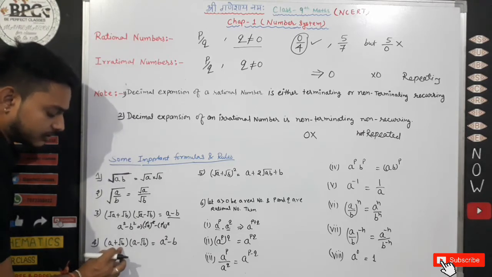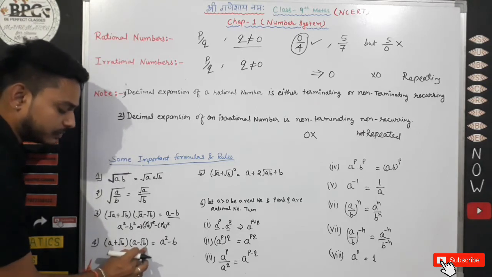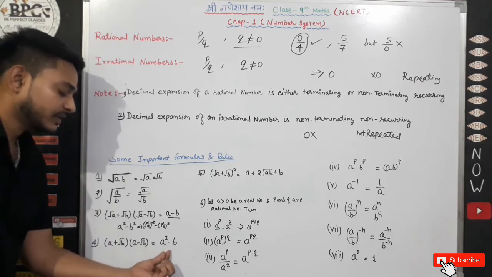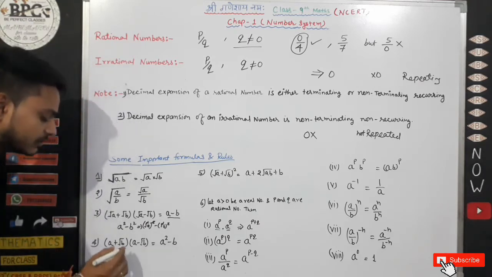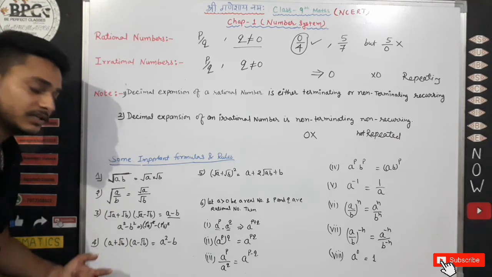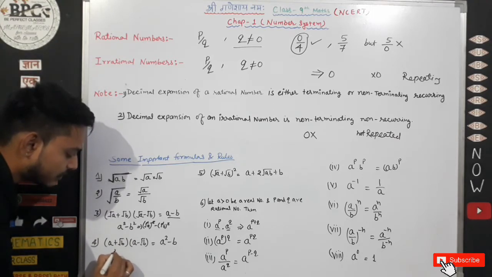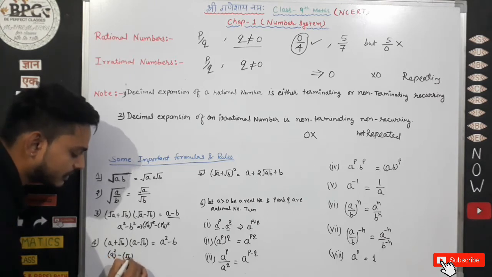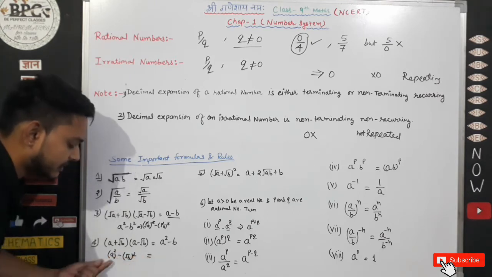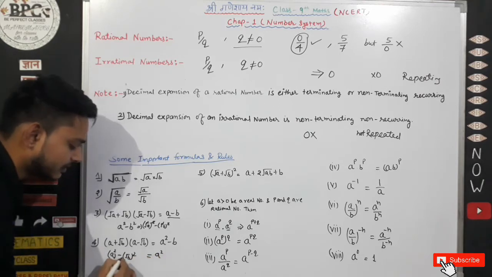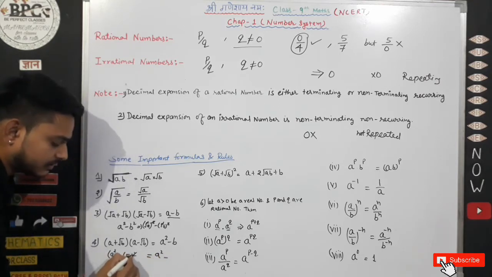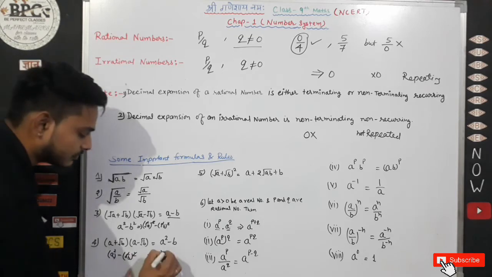Similarly, a plus under root b and a minus under root b, then we get a square minus b. Here also the formula of a square minus b square is applied. So a square minus under root b square. Here the square cuts the under root, so we get b.